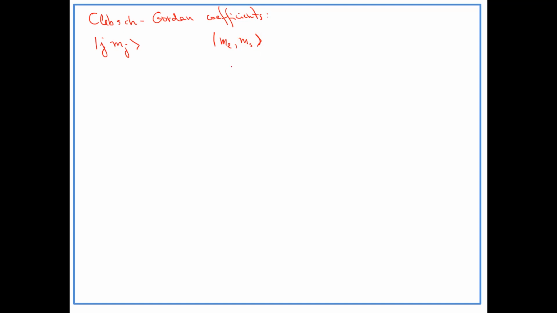In this case I have L equals 1, so ML is equal to 1, 0, minus 1, and S equals 1/2, so MS equals plus or minus 1/2, spin up or spin down, it doesn't matter.